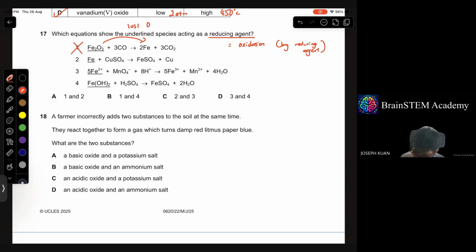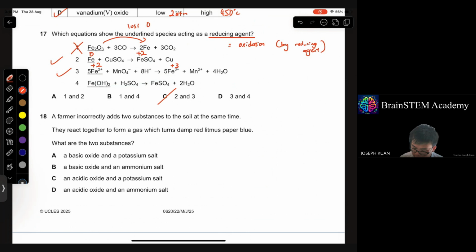Then 2, our iron goes from 0 to +2 in terms of oxidation numbers, so 2 is indeed an oxidation process. And then in 3, we see that our iron(II) becomes iron(III), which is +2 to +3, so we also see that this is an oxidation reaction. The answer is 2 and 3.